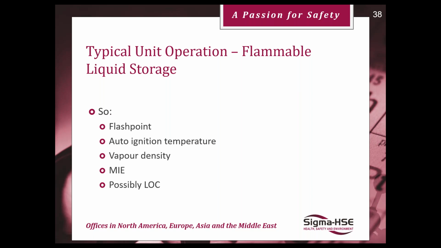Vapor density is another parameter worth looking at, because some vapors and gases are heavier than air and will sink to low level, whereas others like hydrogen are very buoyant and will rise very rapidly. When we're talking about minimum ignition energy for flammable liquids and flammable gases, generally they're orders of magnitude lower than we see for solids and powders.